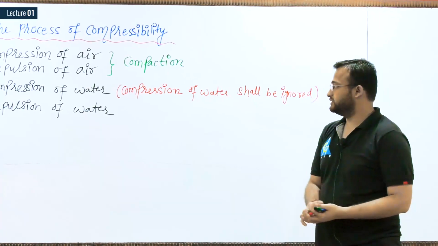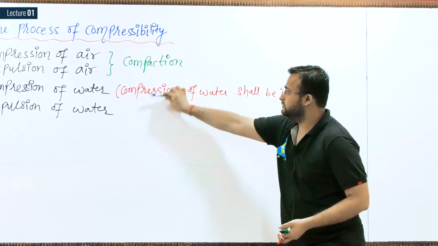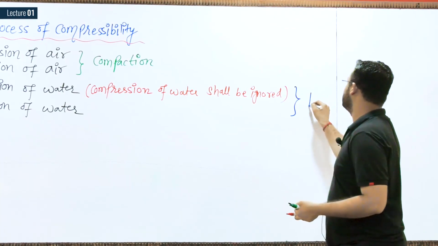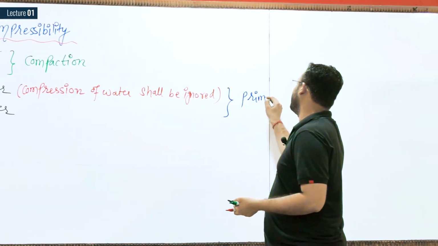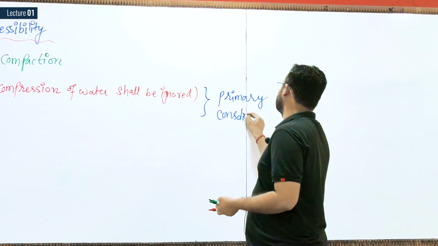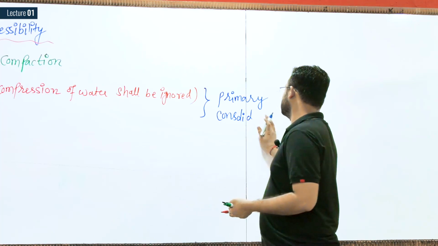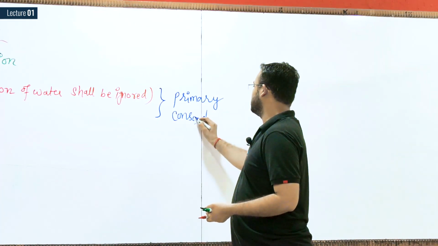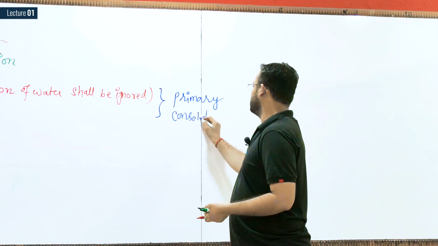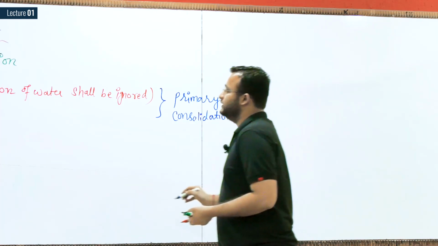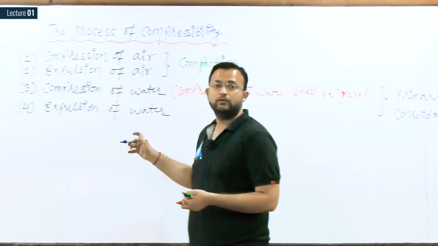So these two stages are known as primary consolidation. Now the next is expulsion of water.